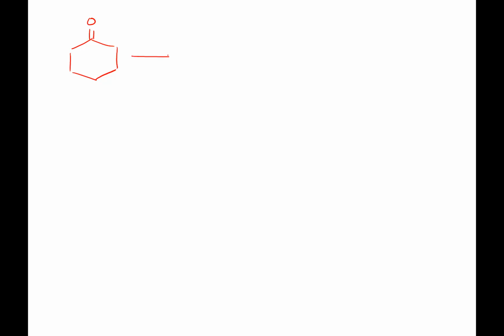If I treated that with a peroxy acid, what I will end up doing is inserting the oxygen into the ring, and I'll end up forming a 7-membered ring.